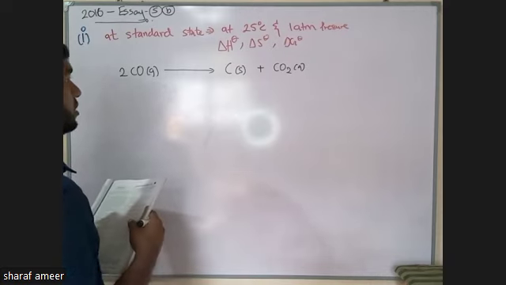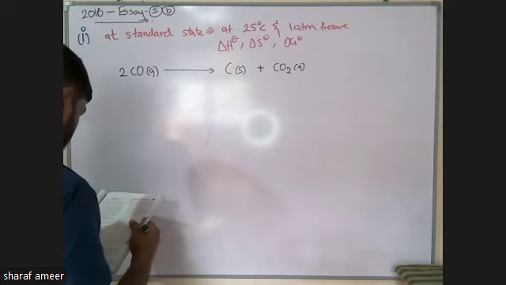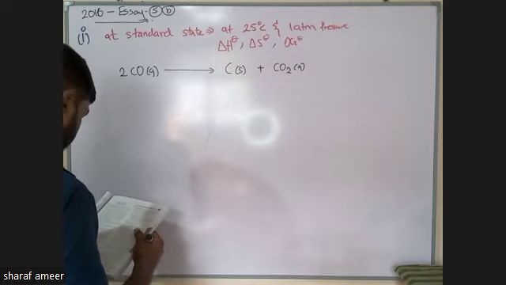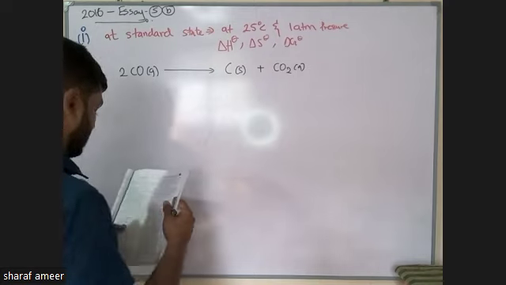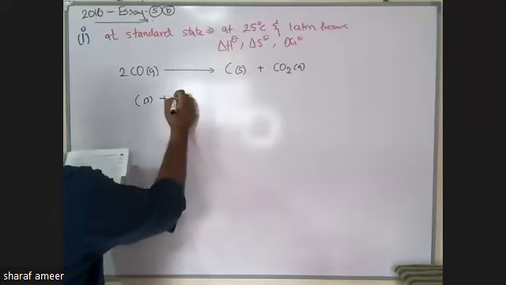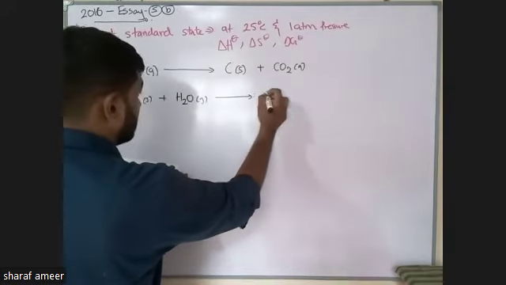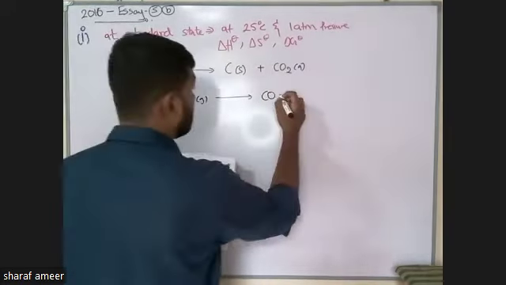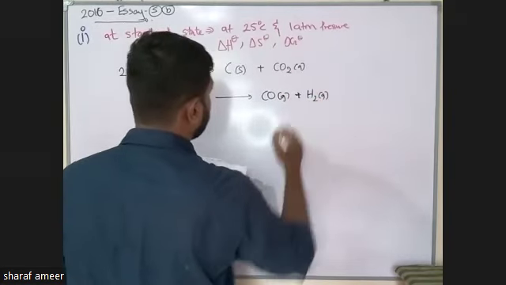So what I'm going to do is see whether both the equations here in the table, like we have carbon solid plus H2O gas, which goes to carbon monoxide gas and H2 gas here, right?